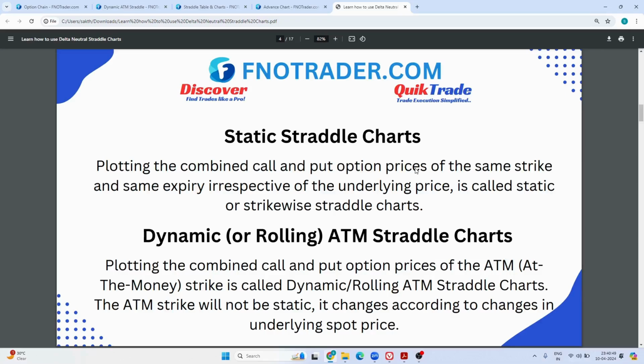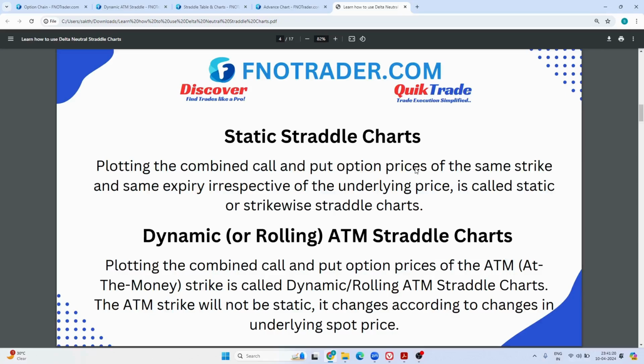As soon as the underlying goes up, your ATM goes up; underlying goes down, ATM goes down. You plot the combined call and put option prices of the at the money strike, and that is called a dynamic ATM straddle. In the previous one the strike price doesn't change at all, but in this case the strike price keeps changing. That is why it is called a dynamic or rolling ATM straddle chart.